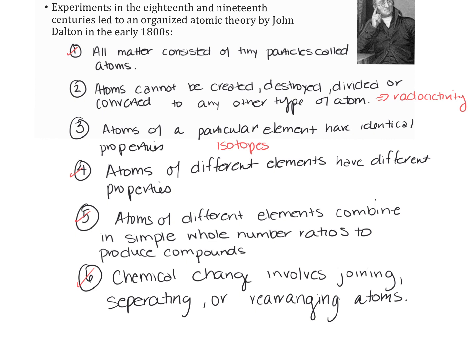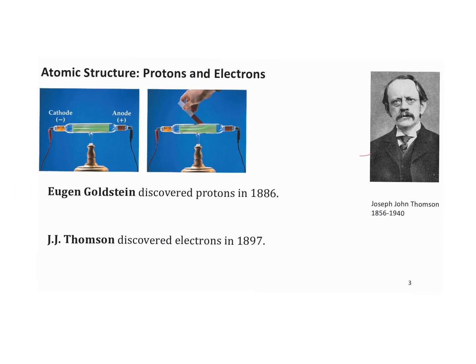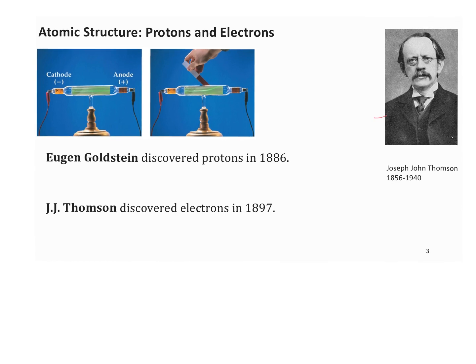So this is where we began, okay? And in like the late 1800s, a big discovery came on the scene, and that big discovery was electricity, right? And in that electricity kind of idea, with electricity, it opened the door for scientists to do different types of experiments.